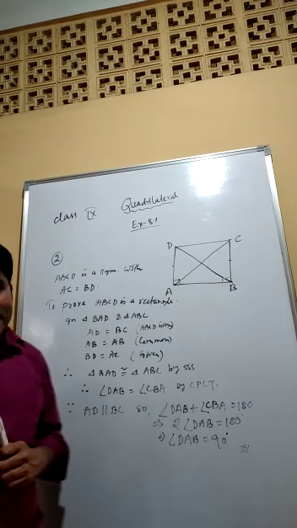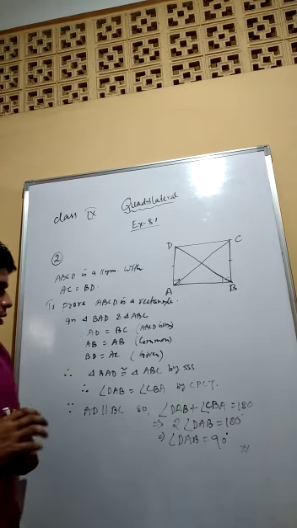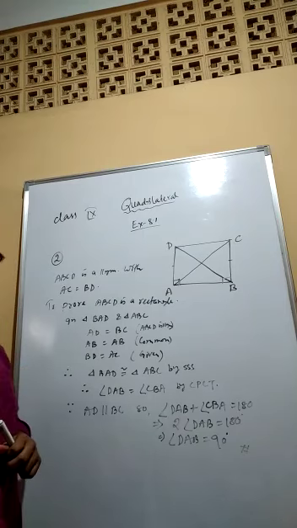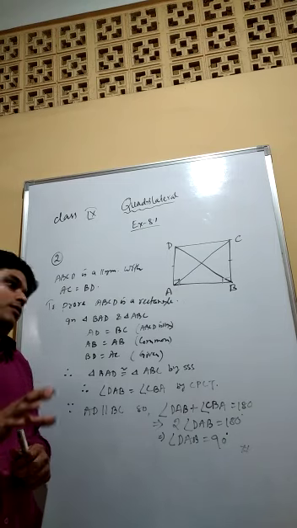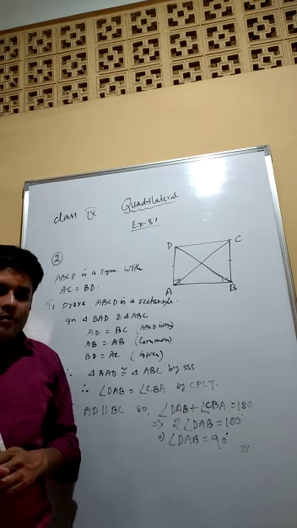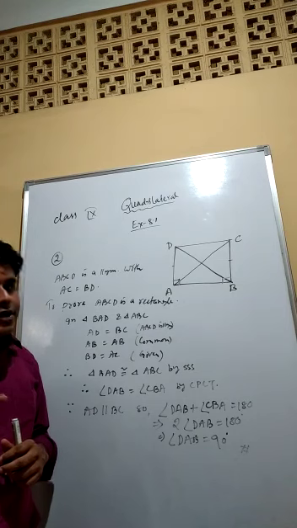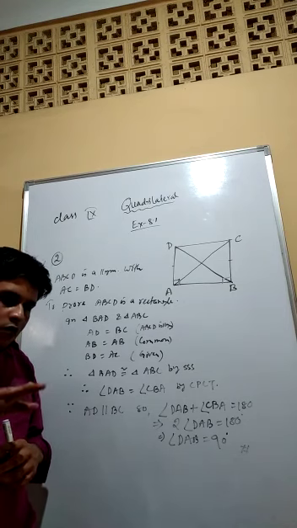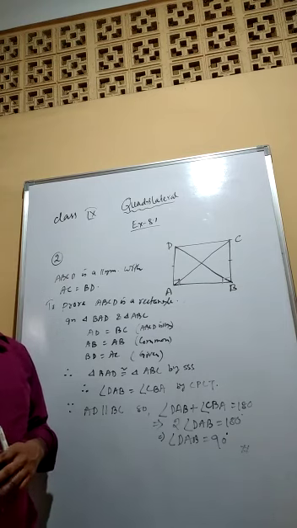So today I have just started the exercise. I will not solve more problems today. Next day I will solve three more problems. So first you try to understand what a quadrilateral is, then a parallelogram, then some definitions, and then you go for the exercise. Some conditions you should know, that is, how to prove a quadrilateral to be a parallelogram.